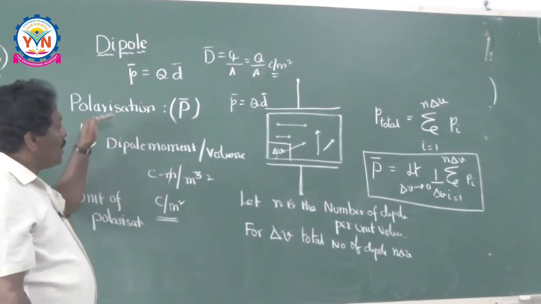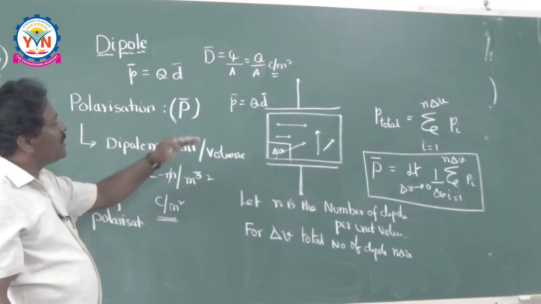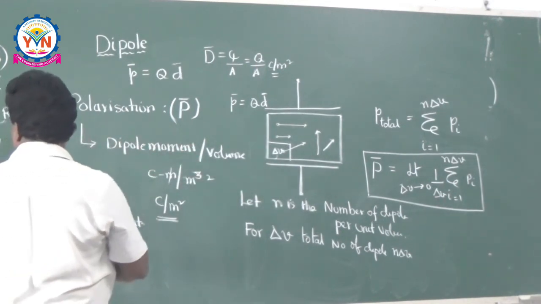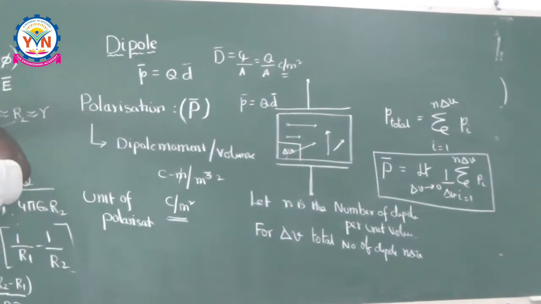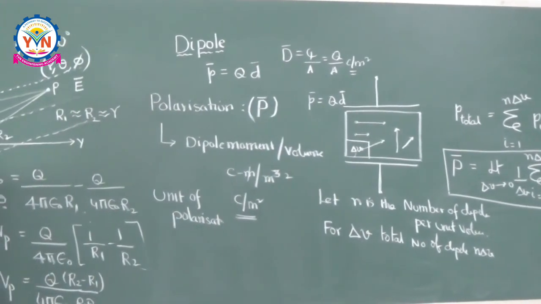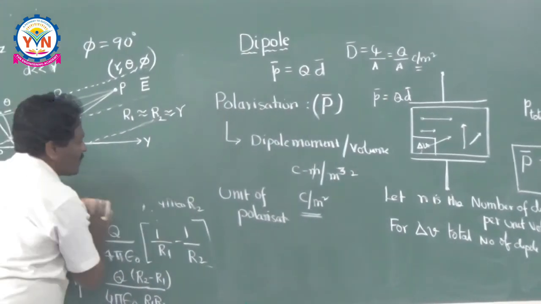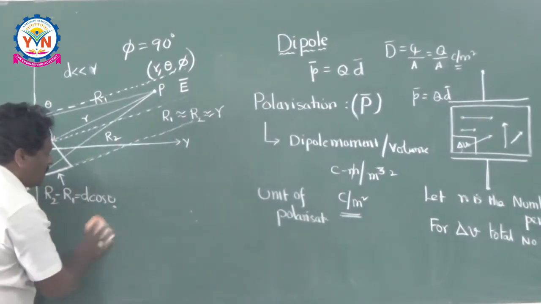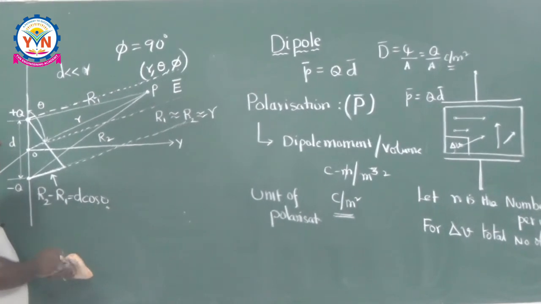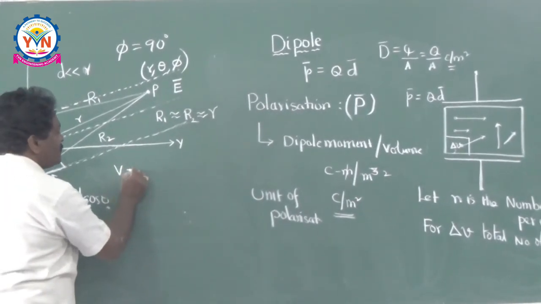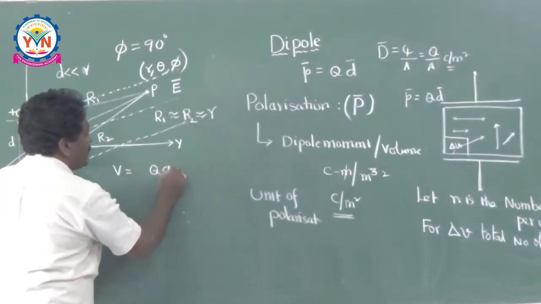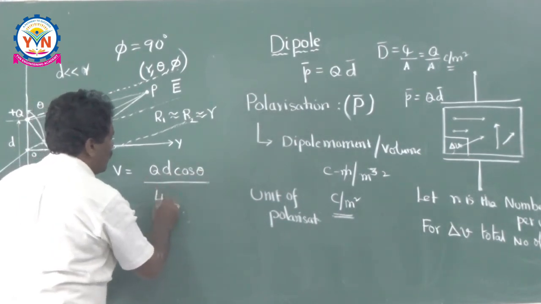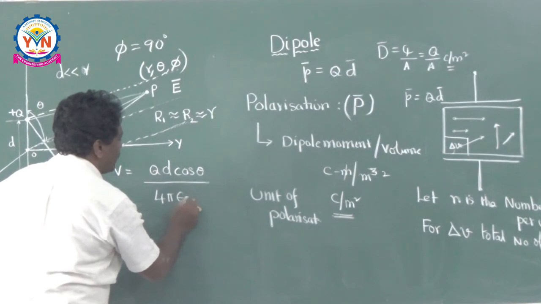So now once you know this dipole moment and polarization, then definitely I can write the potential in terms of dipole moments also. Already in our discussion, what is the potential of your dipole? Potential of the dipole V is equal to QD cos theta by 4 pi epsilon naught into r square.